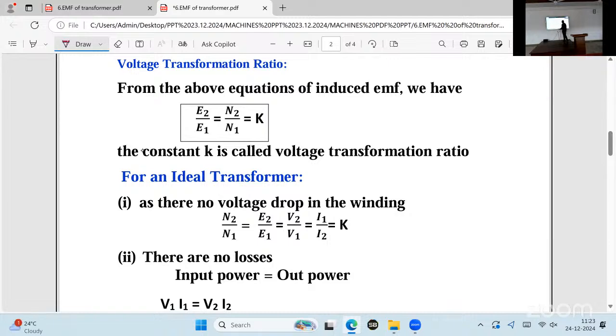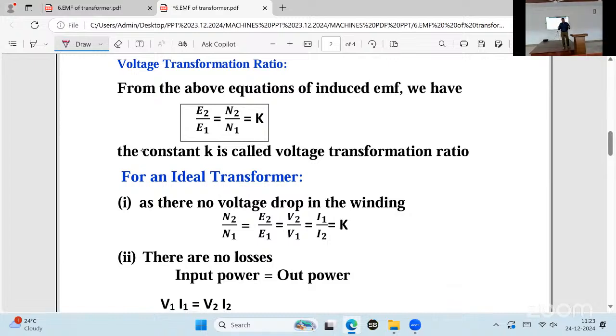Ideal transformer. Ideal transformer means the transformer does not have a resistance. If there is no resistance, there is no voltage drop. It is an assumption only, an impossible case, because whatever you take, you should have a resistance. But my assumption is we don't have a resistance.